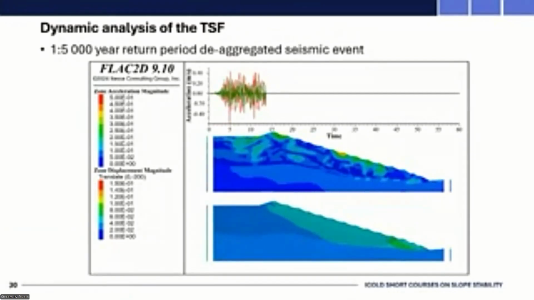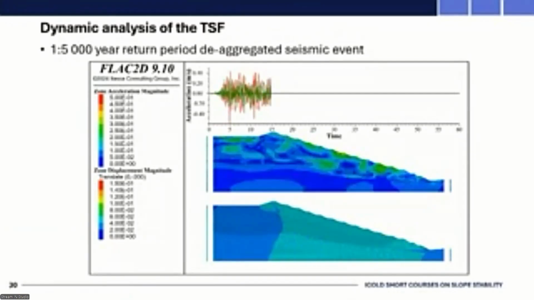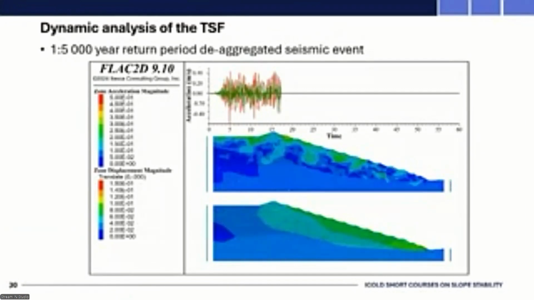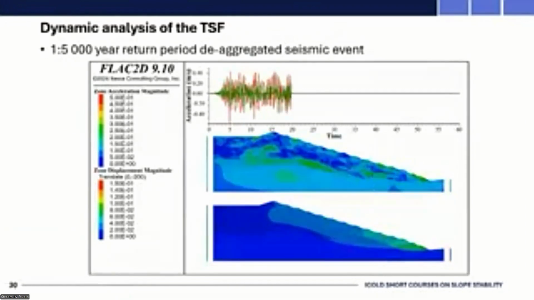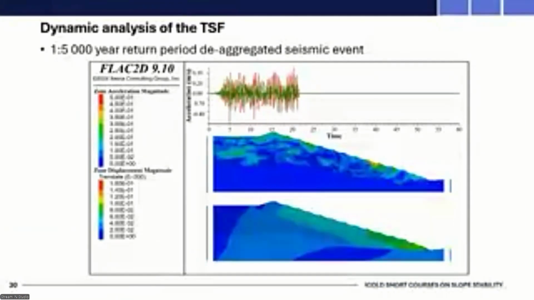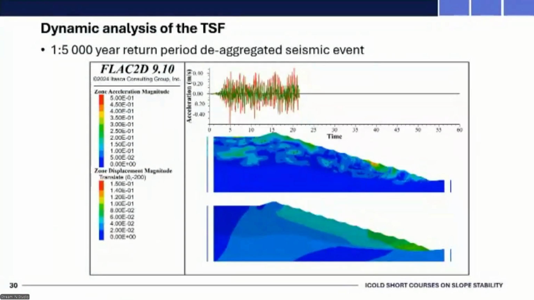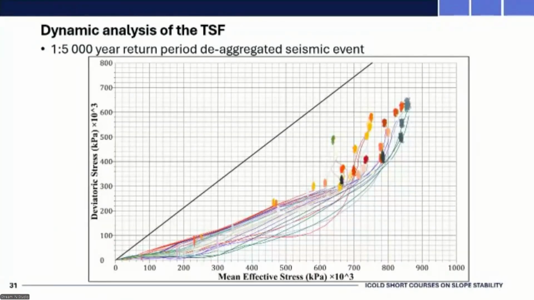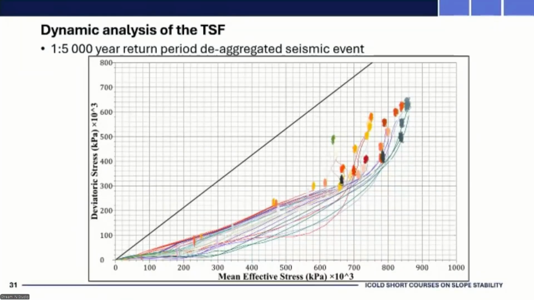The center plot shows acceleration of the facility and the bottom plot is displacement of the model during application of a portion of that seismic event. The stress paths shown here are during stage construction, as we've seen before, and then also the oscillations at the end of those stress paths are the stress state changes that are induced by the seismic event.